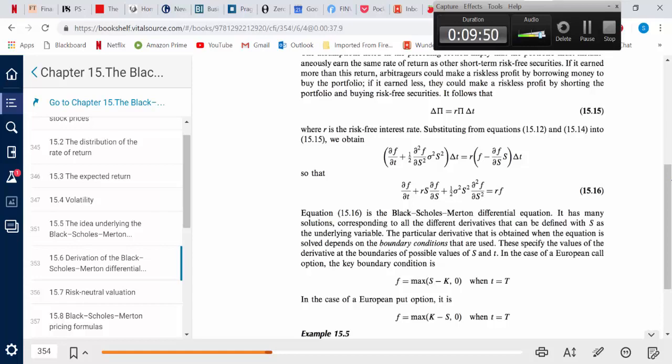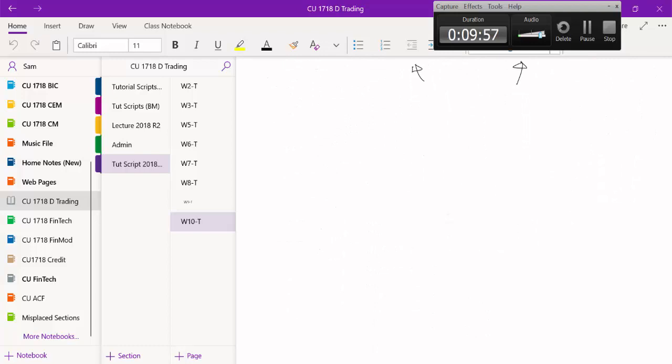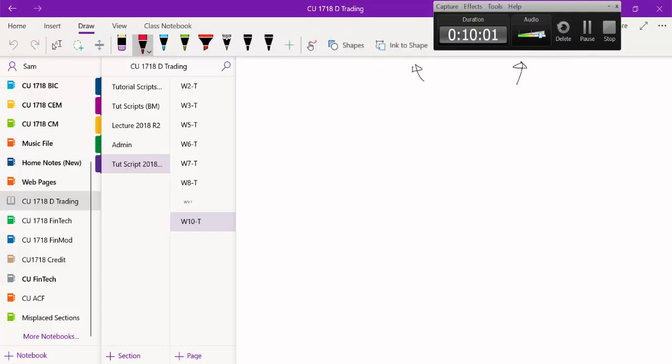Now, anyway, so let me write that down here. Okay, I'm going to give you all these notes, which I always do, as you know. So what was it? So df, so f is just the price of a derivative, any derivative. Now, if you want to derive this formula, feel free.